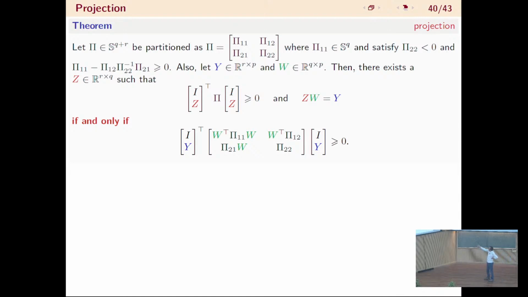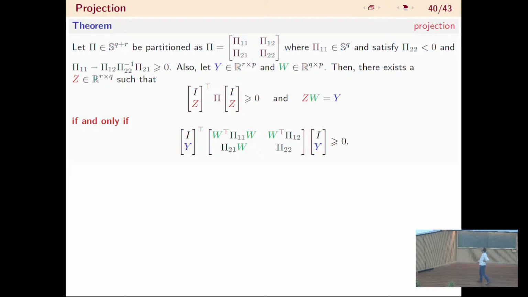Partition it into 2 by 2 blocks, where one block is of dimension Q by Q, and assume that pi 2,2 is positive, and the Schur complement of pi with respect to pi 2,2 is positive semi-definite.